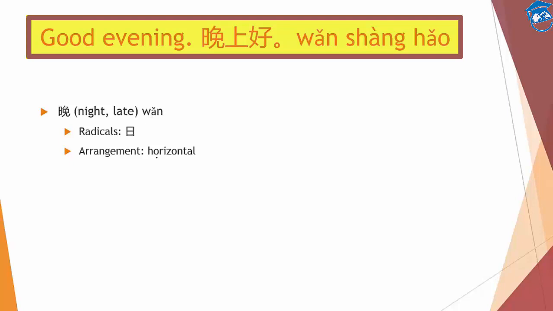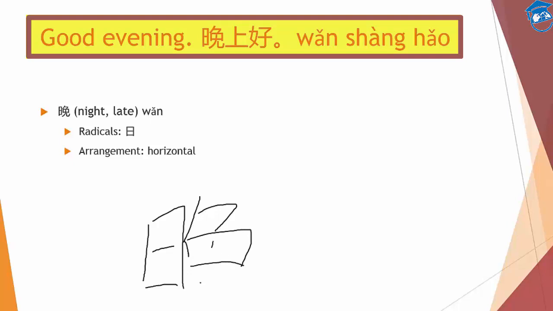It is horizontal with two components here and the other one. So this is how I write it. 1, 2, 3, 4, 5, 6, 7, 8, 9, 10, 11. Okay.